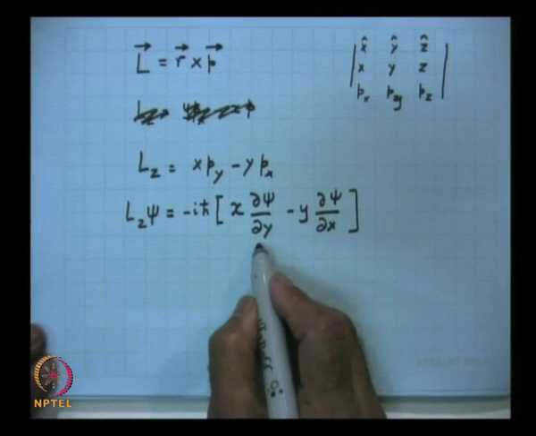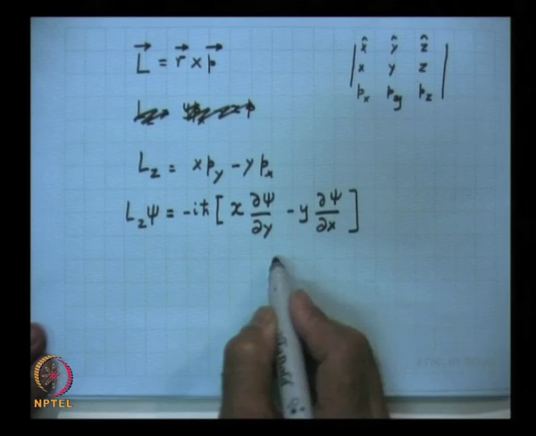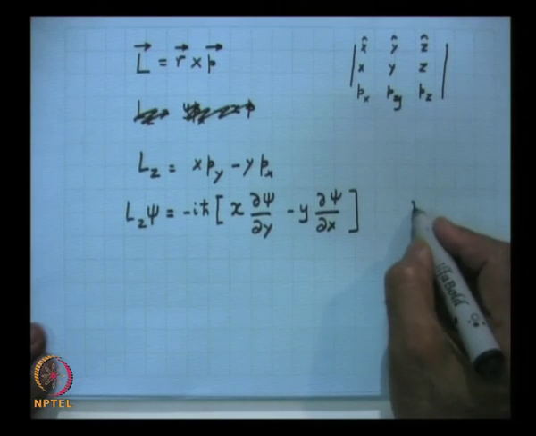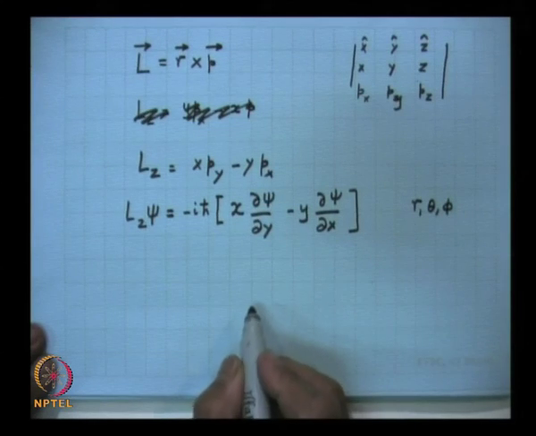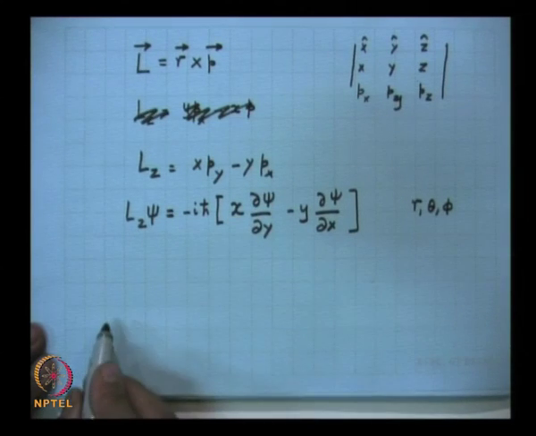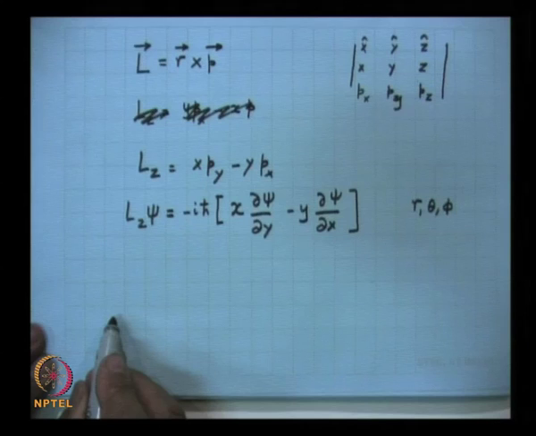Now, I want to express this in terms of the spherical polar coordinates r, theta, phi, so that we know x is r sin theta cos phi.